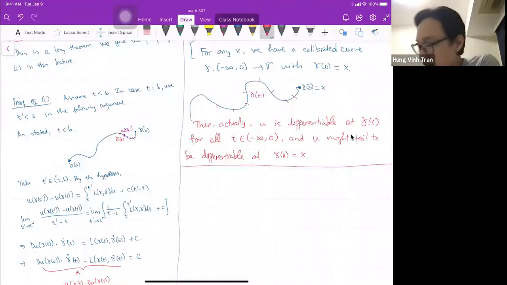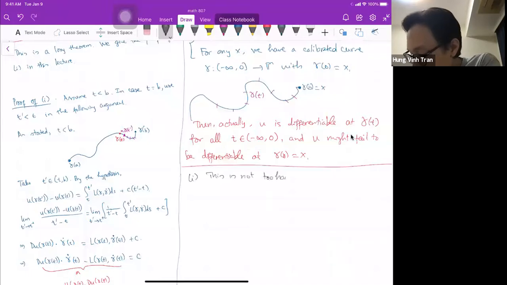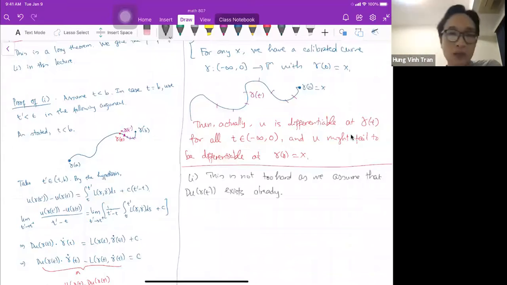The first point is not too hard, as we assume that du of gamma t exists already. What is hard is really to prove whether it exists or not, but when it exists already, then that's not an issue.